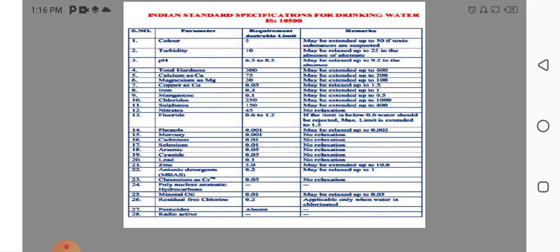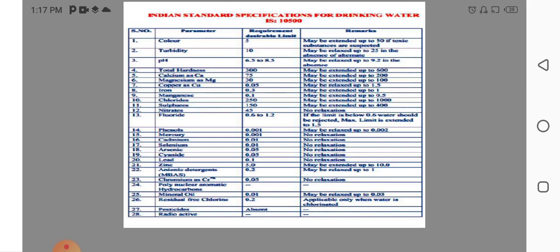Color 5, turbidity 10, pH 6.5 to 8.5, total hardness 300, calcium 75, magnesium 30, copper 0.05, iron 0.3, manganese 0.1, chloride 250, sulfate 150, nitrates 45, fluoride 0.6 to 1.2.